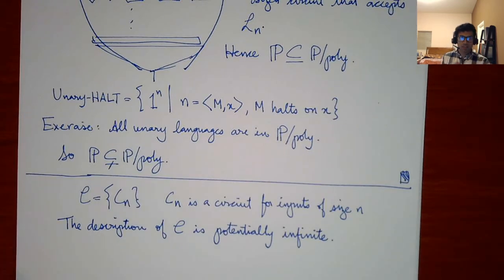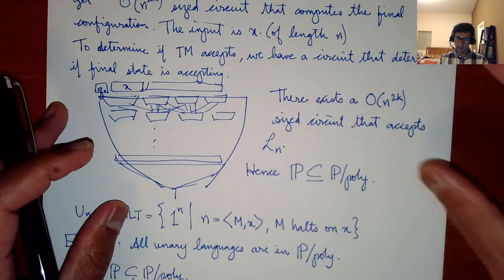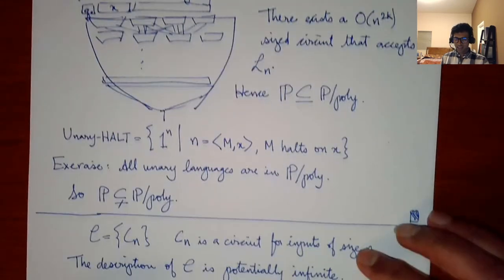So, there's a minor digression that I would like to make before I leave this. What I want to say is that if you look at the circuit, it's actually even better.